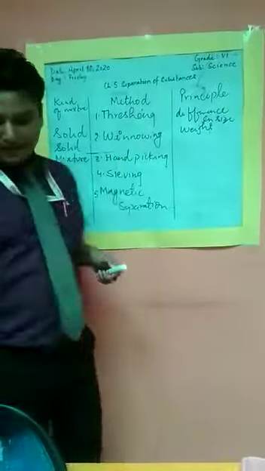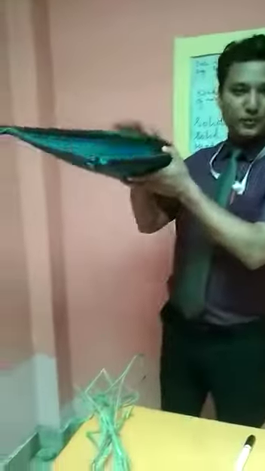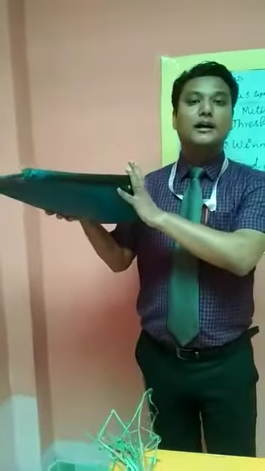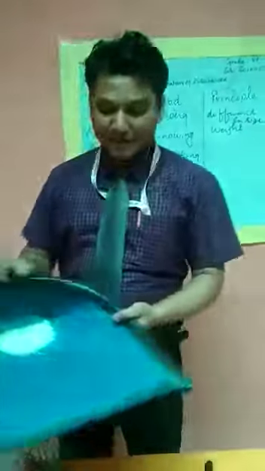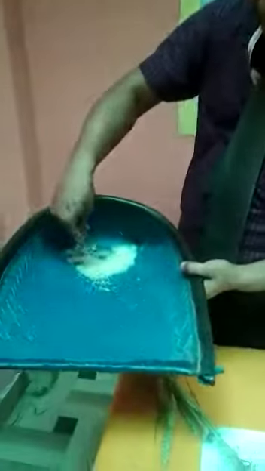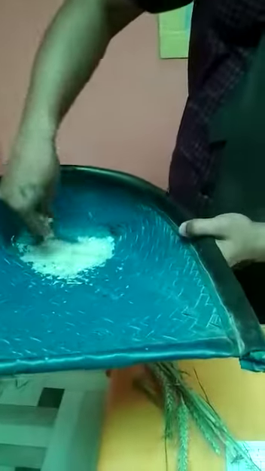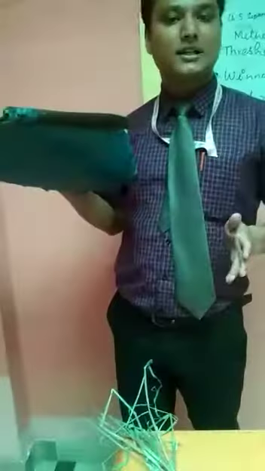Next is winnowing. This is called a winnow. Now what is the principle for this winnow? If you see, there are rice and there are bits of paper. These are 2 different components, both solid.